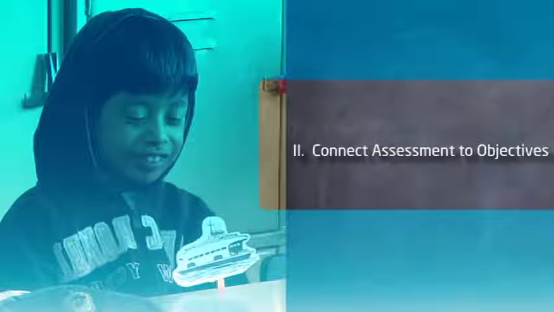Once the learning goals or objectives have been established, you want to develop formative assessment tasks that are clearly connected to the objectives. By designing appropriate assessment tasks, teachers can see their students' progress during the lesson. A good practice is to start with the desired outcomes and then plan instruction and activities that help your students achieve those desired outcomes.